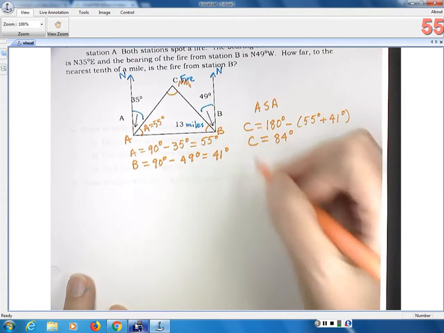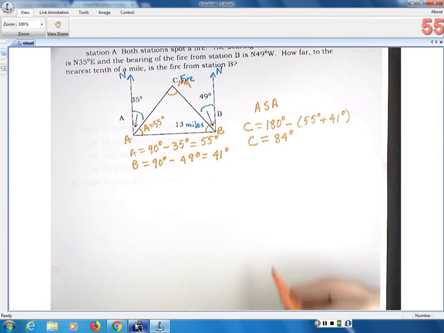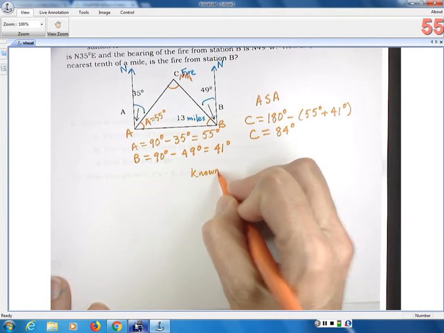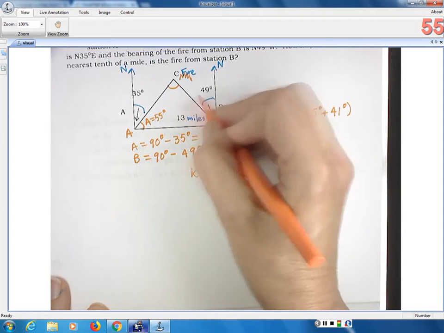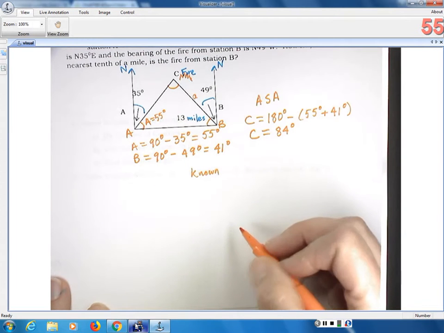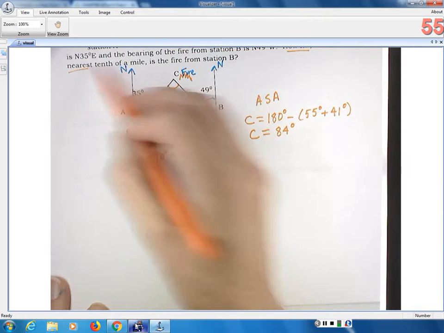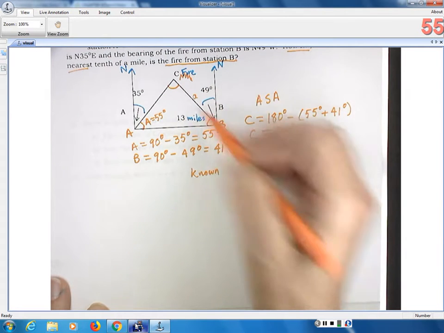And so now we're going to use the law of sines. Our known ratio is, and we want to find this side, A. How far is the fire from station B? That's this length.